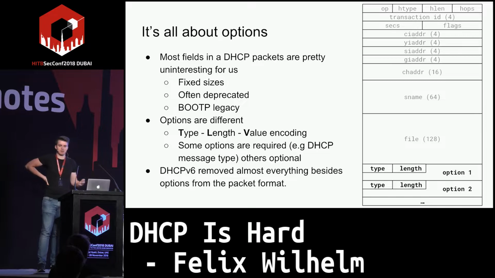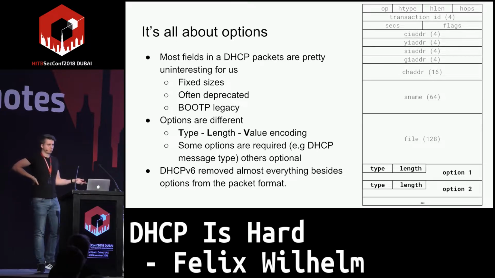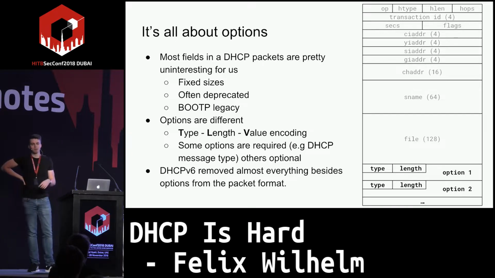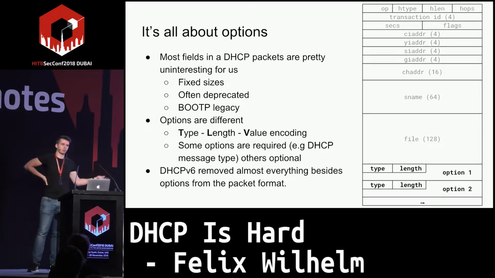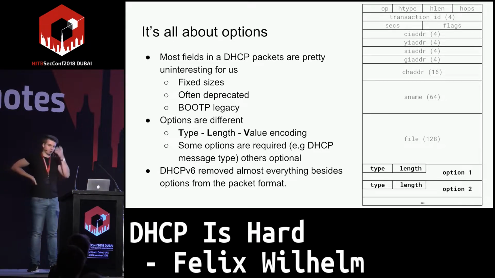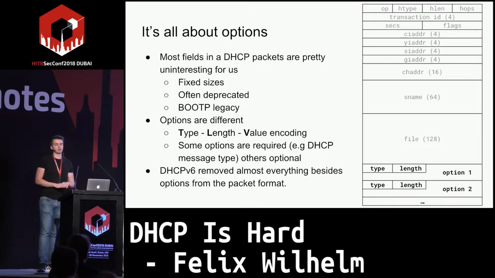They have fixed size, so that makes them super easy to parse. They are often deprecated and not used anymore. And most of them are actually just BOOTP legacy. BOOTP is this old protocol that's the predecessor of DHCP. So in practice, if you look at all the fields on the top, no one actually looks at them when you do a DHCP handshake, so we don't care too much.